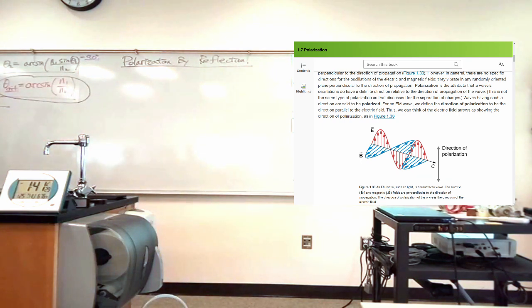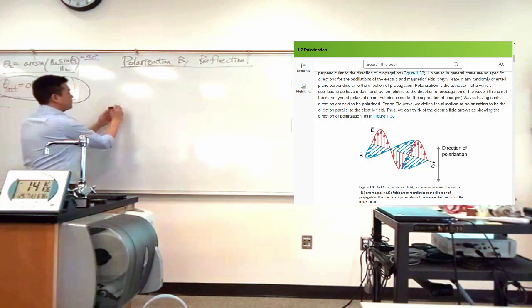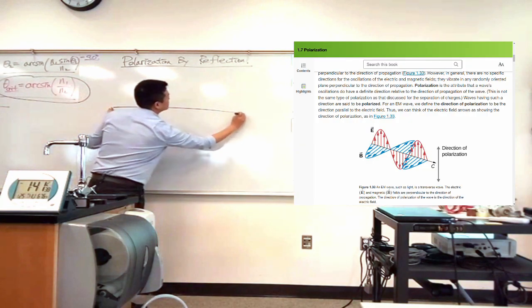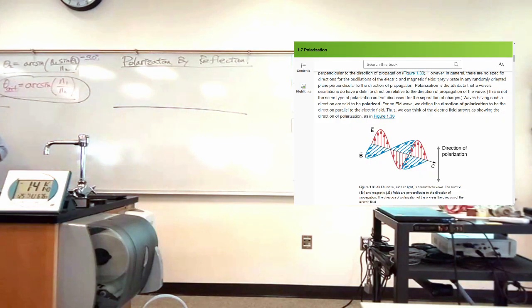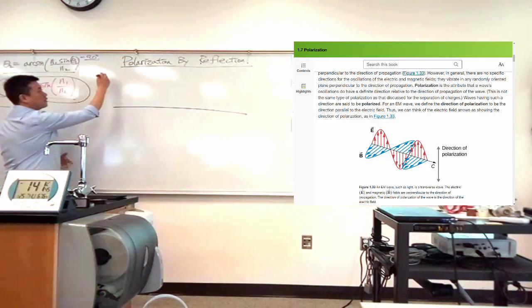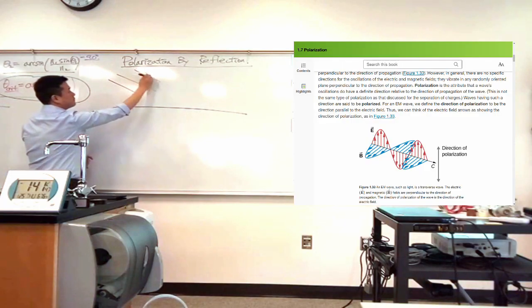So this is the picture I want you to imagine. We've been using the example of water, so let's say water. I have this very flat water surface, and let's say I have orange sunlight coming into this water.